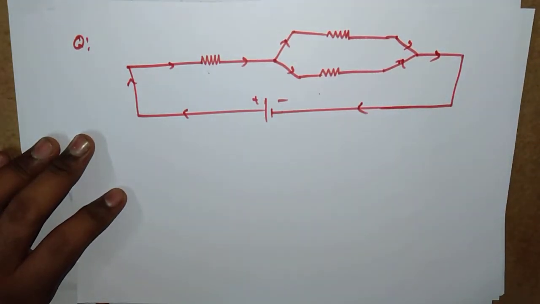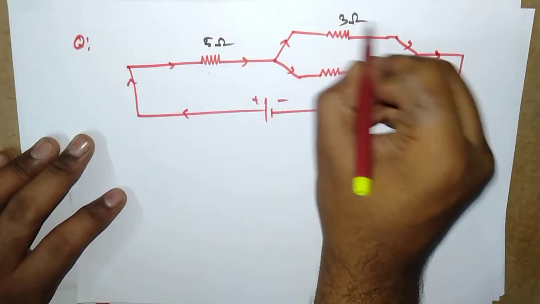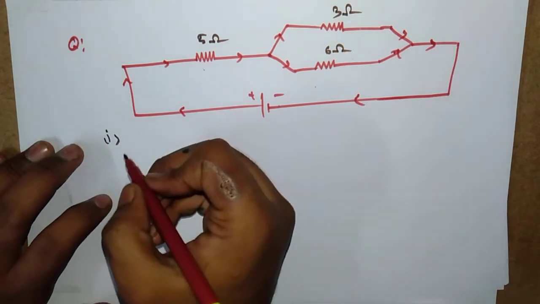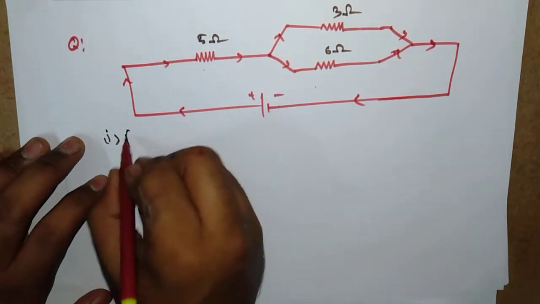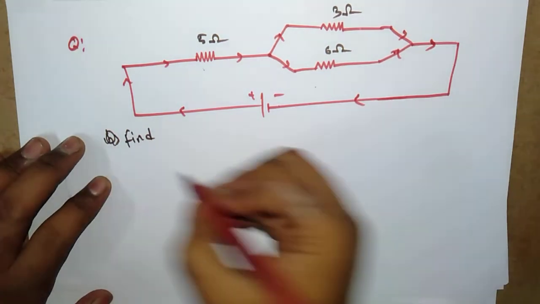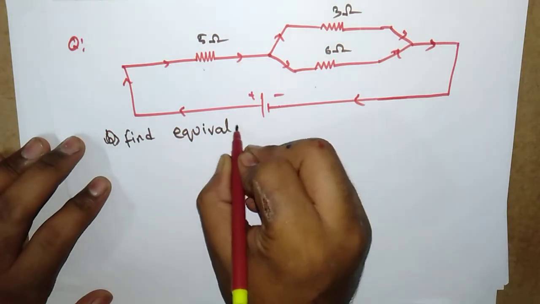So this is 5 ohms, this is 3 ohms, and this is 6 ohms. The question is directly asking to find the equivalent resistance.